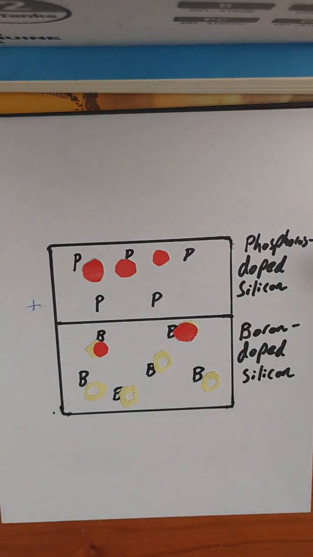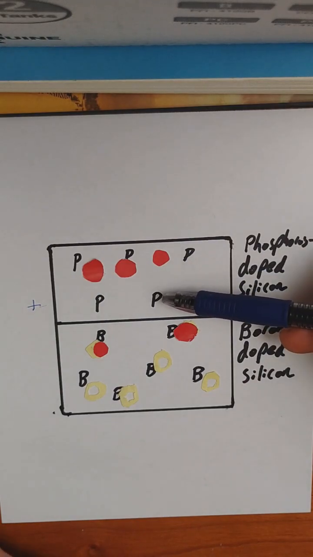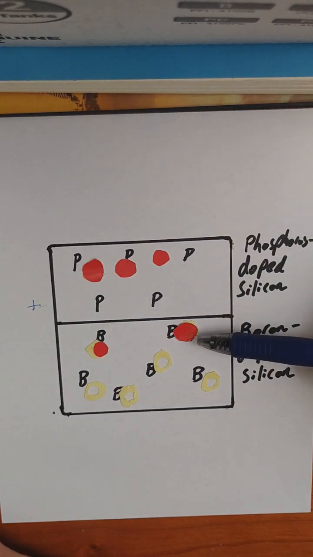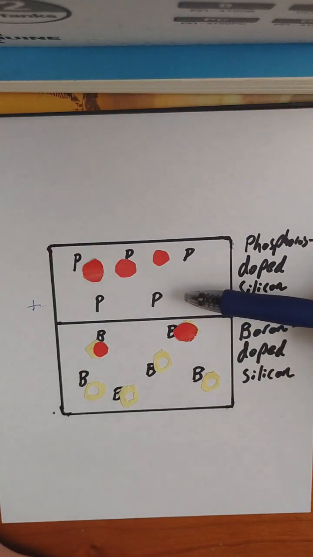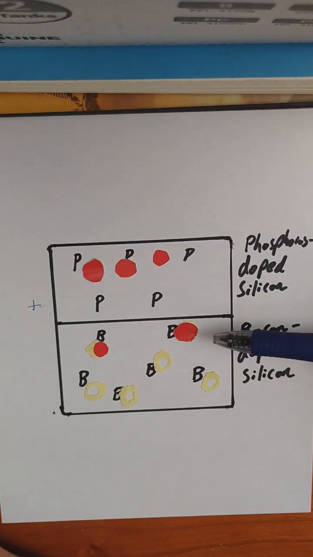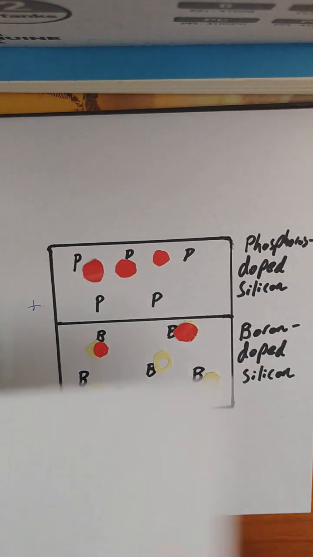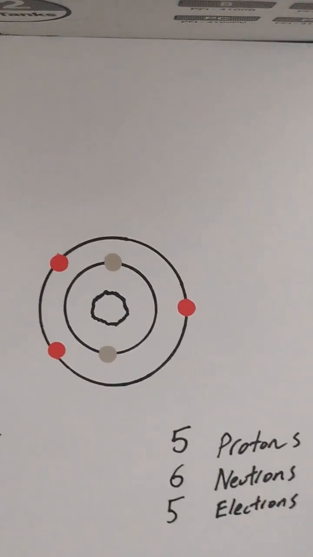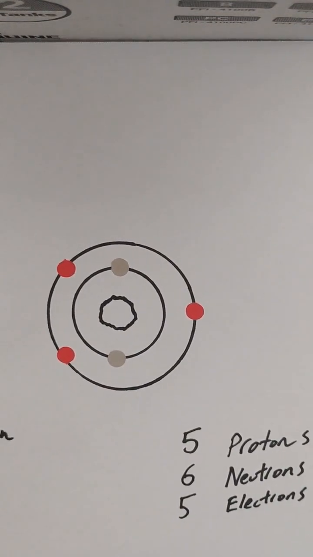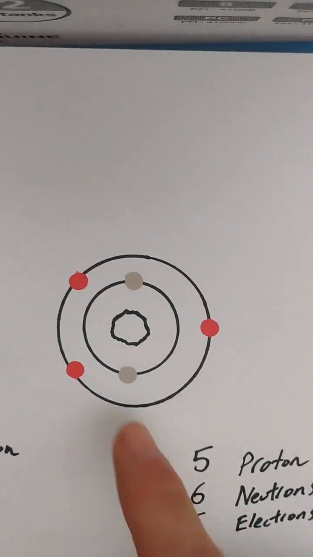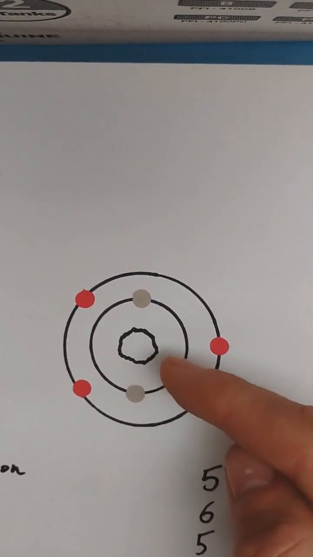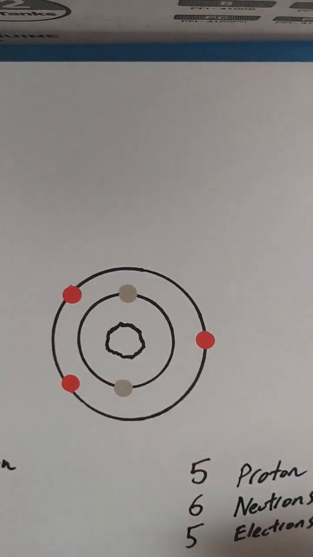And again, that's because those phosphorus atoms, their electrons have jumped over to the other side, and there are more protons, more positive charges than electrons in this area. Meanwhile, the boron normally has 5 protons and 5 electrons. So 1, 2, 3, 4, 5. Remember, that's including the ones in the inner rings, not just the valence electrons.